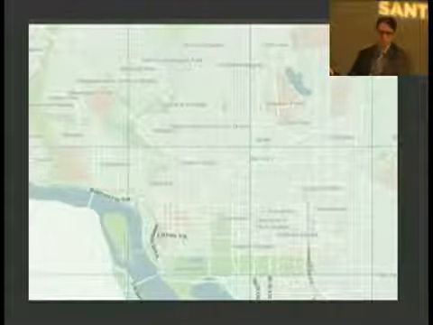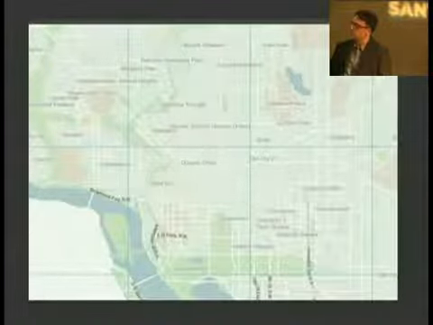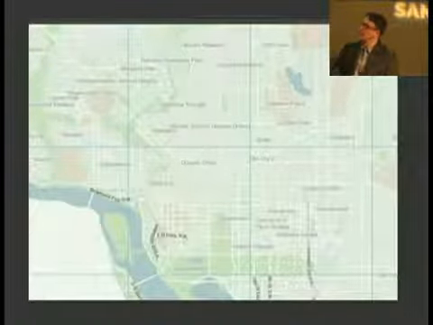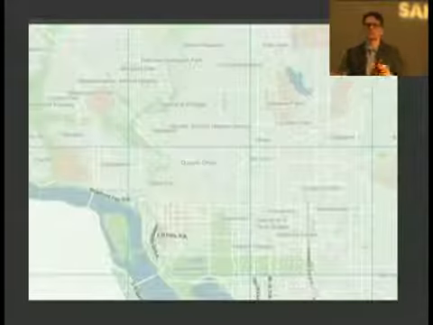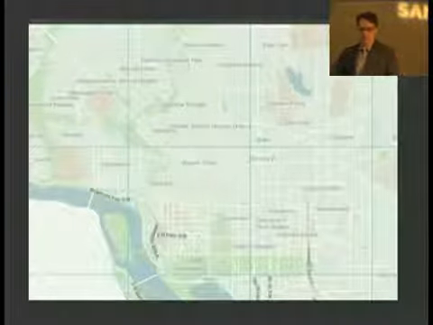And so typically what you would do if you were working in a map context on the web, you would create individual map tiles that were, say, 256 by 256 pixels in size, and each one of those is rendered individually.